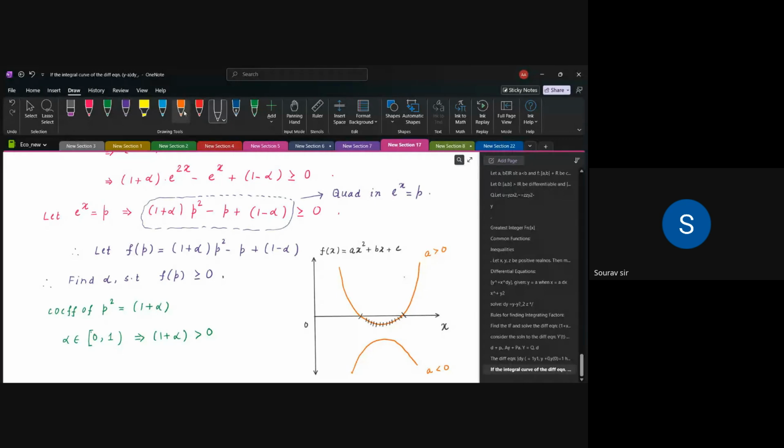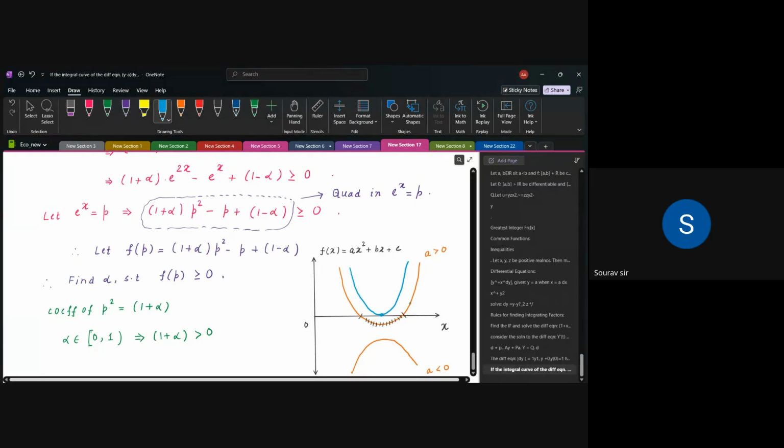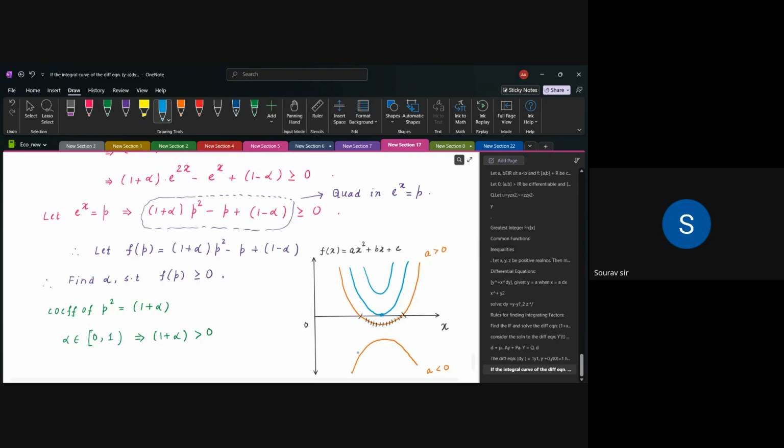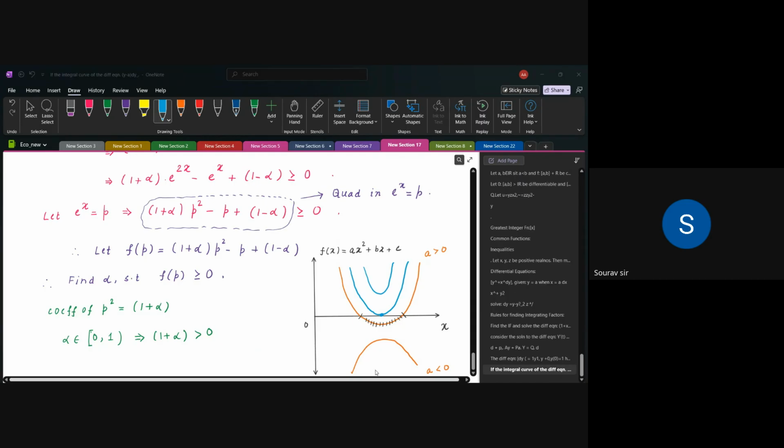If you have real and equal roots, which is the case where your parabola just touches the x-axis, in this case, your f(x) is 0, the minimum possible value, f(x) is greater than or equal to 0. And if it is not touching, that means the roots are imaginary or complex, then for all values of x, f(x) is strictly positive.